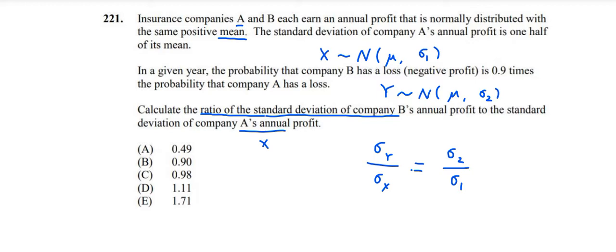The condition is this: in a given year, the probability that company B has a loss is 0.9 times the probability that company A has a loss. So the probability that y is less than 0 equals 0.9 times the probability that x is less than 0.